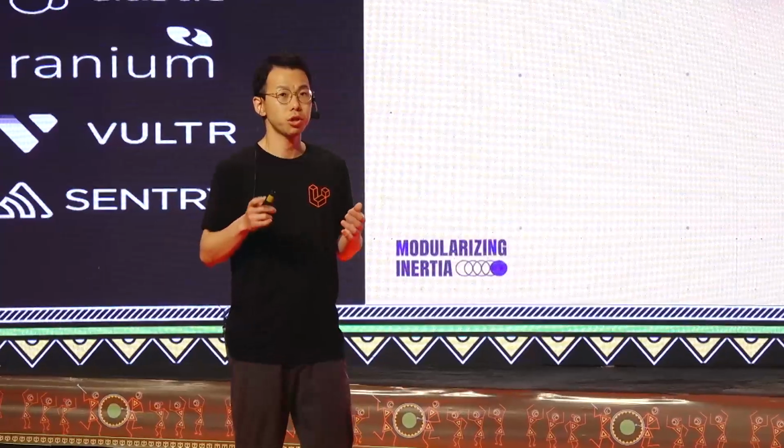So in modular monolith, your application is divided into multiple modules based on the features or business domains. And there is usually one database in the main application. And each module is like a mini Laravel application that contains everything you need, such as controllers, routes, models, database migrations, tests, and even front-end code.